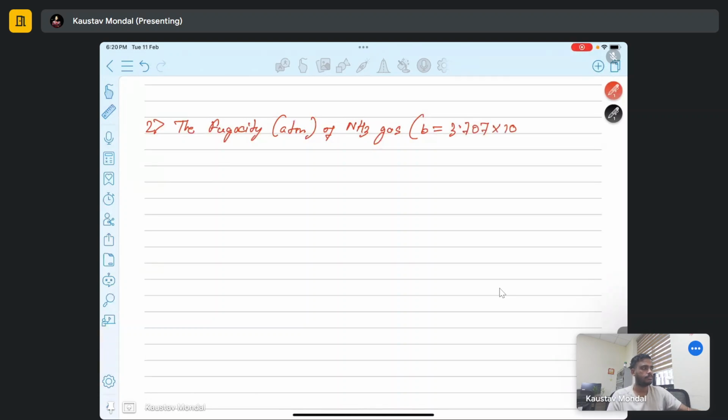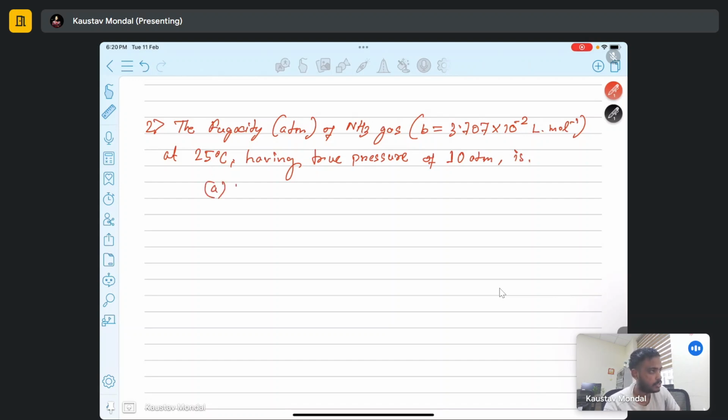3.707 × 10^-2 liter mole^-1 at 25 degrees centigrade. Now, we have to calculate the true pressure at 10 atm. It's an important term.